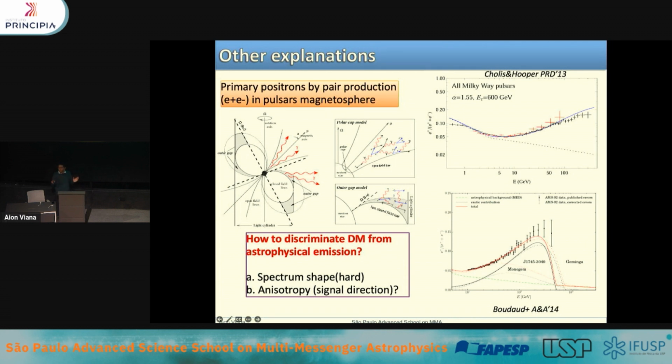So the whole AMS discussion relies only on the final points, and we expect AMS will give some new results next year, and they claim that it will give the definite answer whether it's dark matter or not, in 2024. The last time they said anything was in 2016, and ever since they've been radio silent, as far as I know. So I know that next year we expect some results from them.